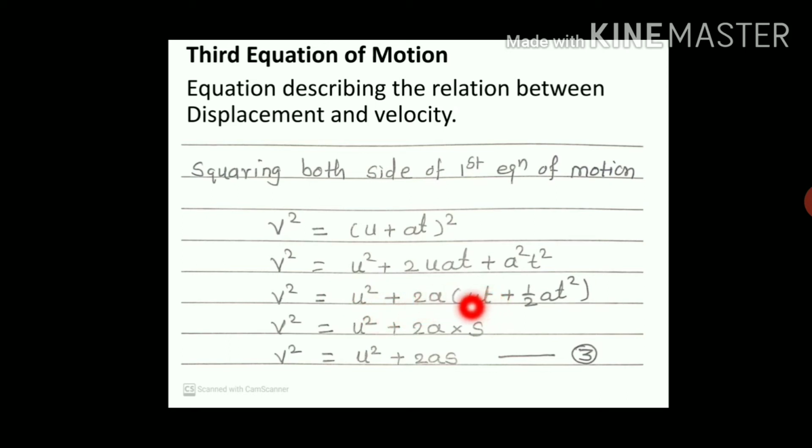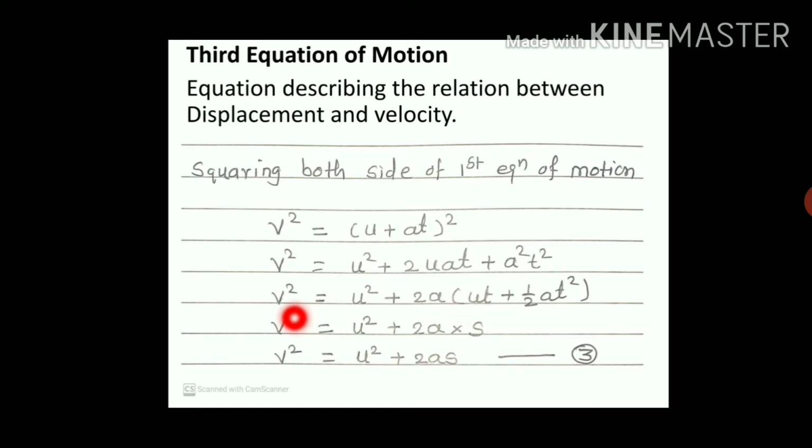By taking the same term 2A out of the bracket, we obtain in bracket UT plus 1 upon 2 AT square. Because this is our second equation of motion, instead of UT plus 1 upon 2 AT square, we put the value of this second equation, that is S, meaning displacement or distance.